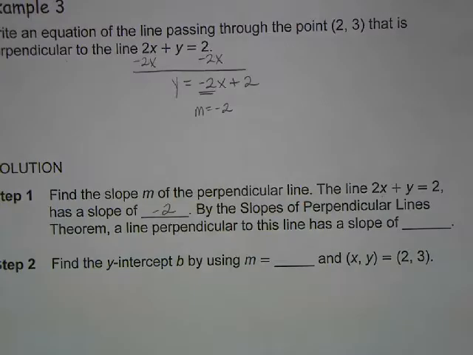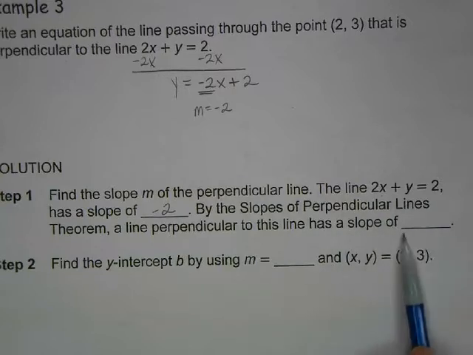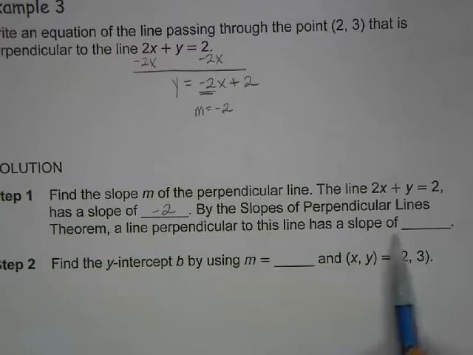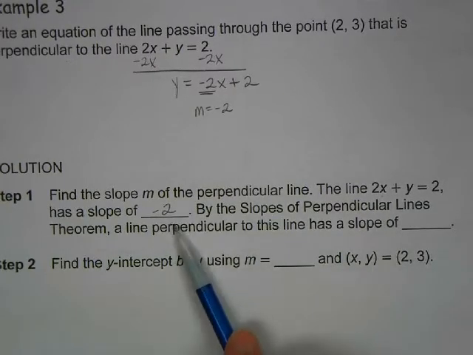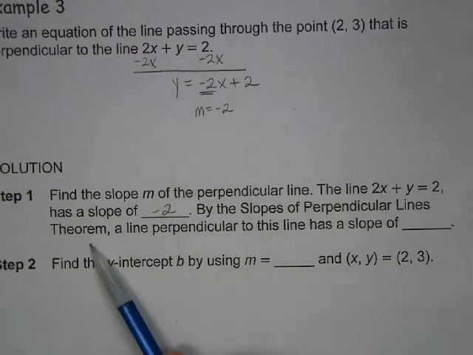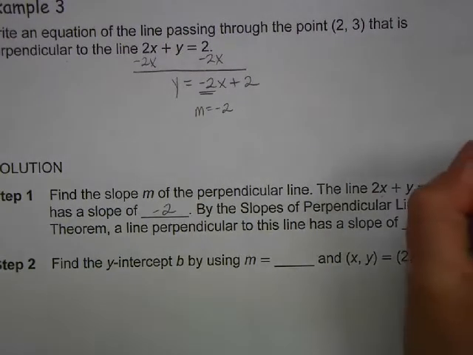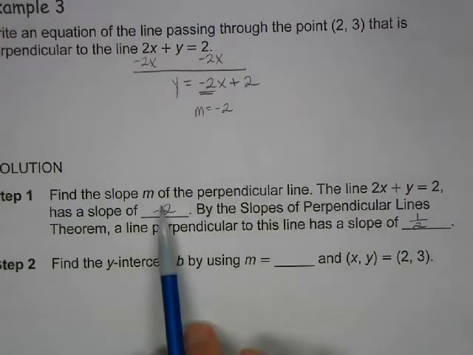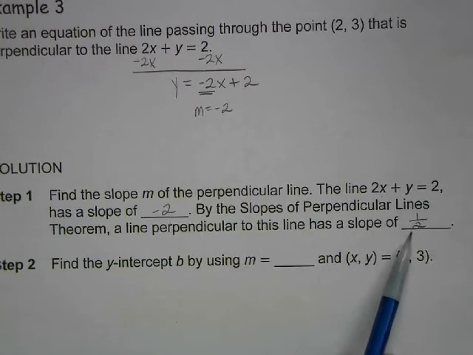So now we're going to get the slope of the line that's perpendicular to that. So you're going to have to get the opposite reciprocal of -2. So by the slopes of perpendicular lines theorem, a line perpendicular to this line has a slope of 1/2, because the opposite reciprocal of -2 is 1/2.